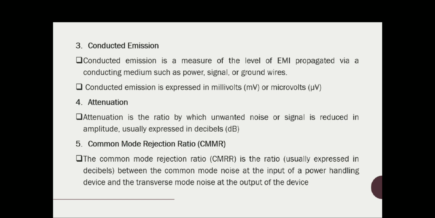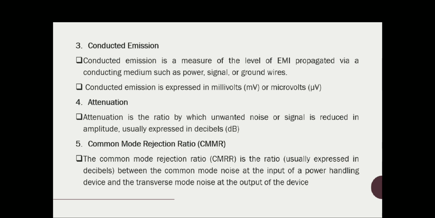Then conducted emission. Conducted emission is a measure of the level of EMI propagated via a conducting medium such as power, signal, or ground wires. It is expressed in millivolt or microvolt.